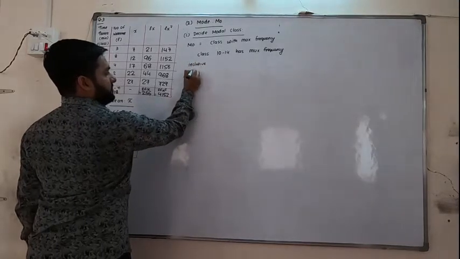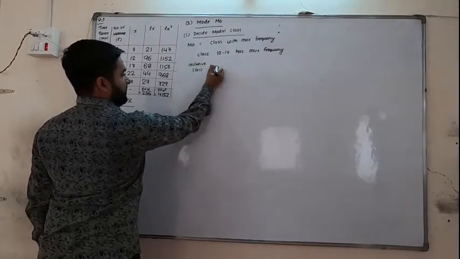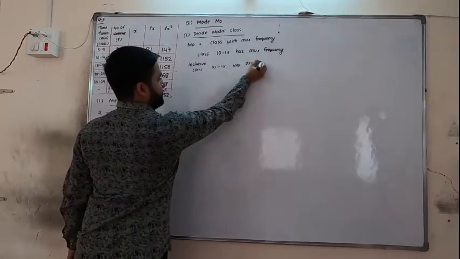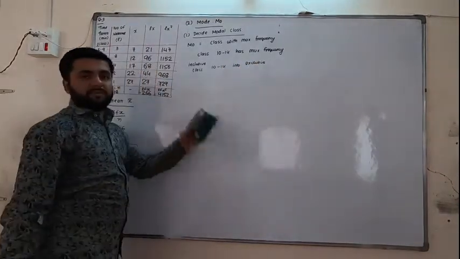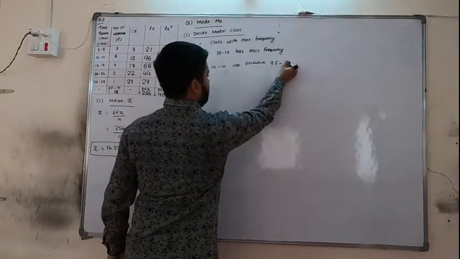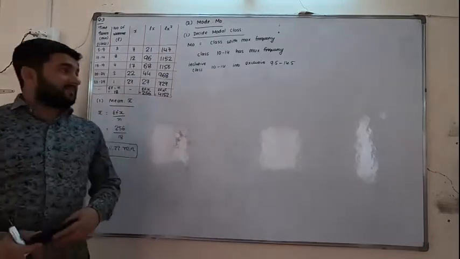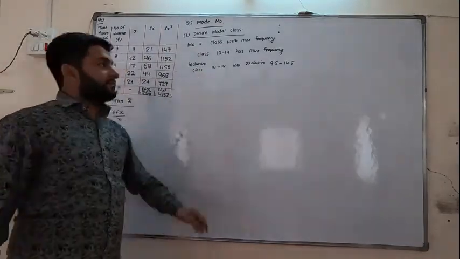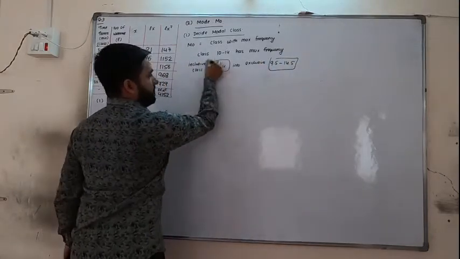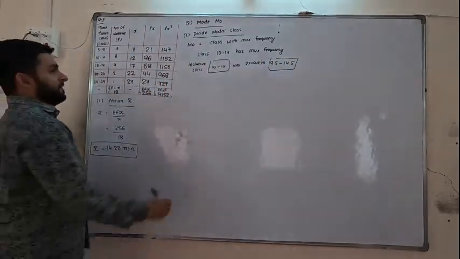So the inclusive class 10 to 14 into exclusive: what we have to do is subtract 0.5 from the lower limit, 9.5, and add 0.5 to the upper limit, 14.5. Subtract from lower, add to upper. So the class will be 9.5 to 14.5.